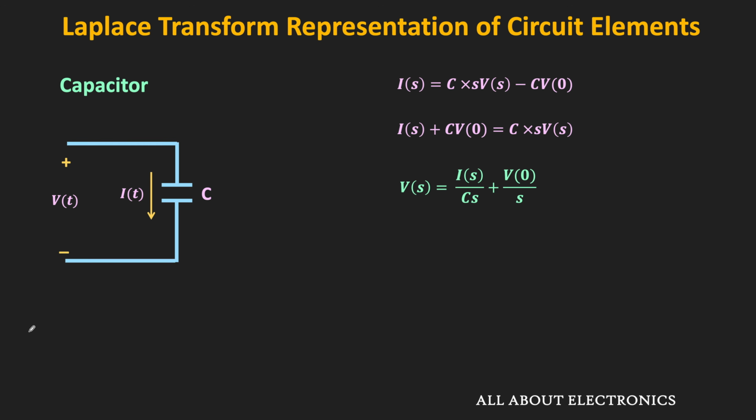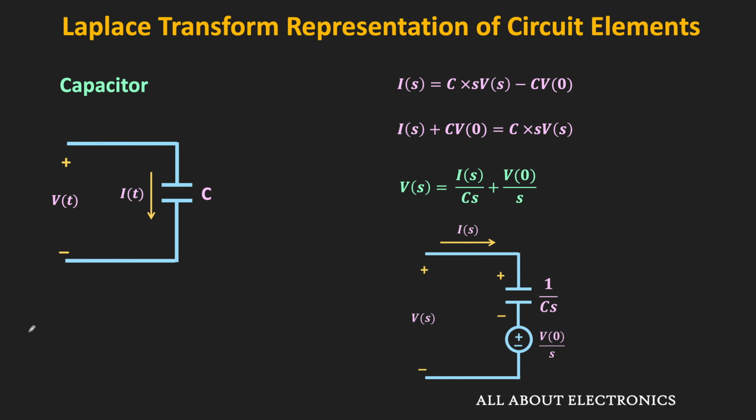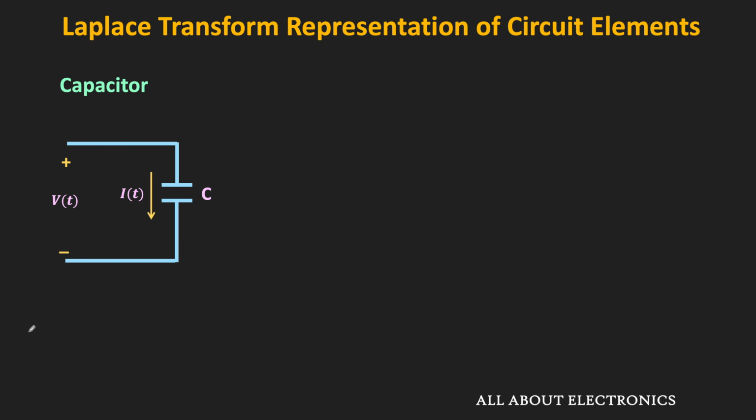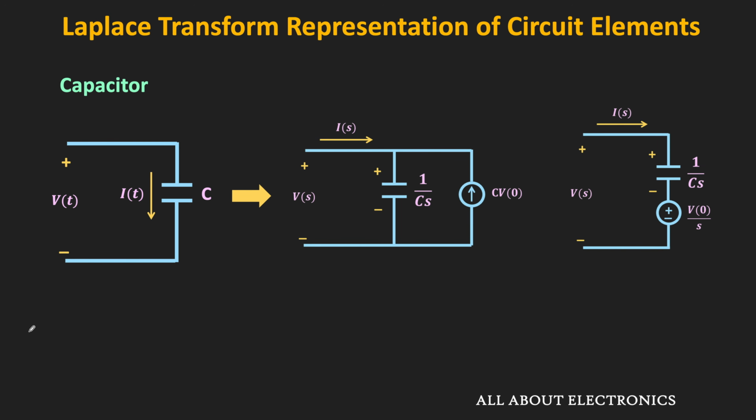So based on this expression, this is the equivalent S domain representation for the capacitor. That means these are the two equivalent S domain circuit representations for the capacitor. According to your convenience, you can remember any one of them, and using the source transformation, it is always possible to find the other one.